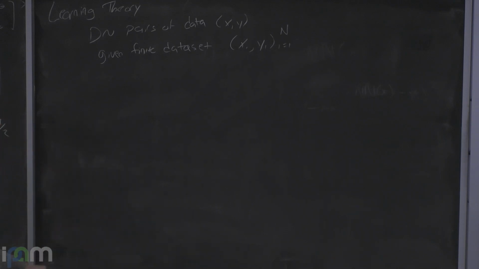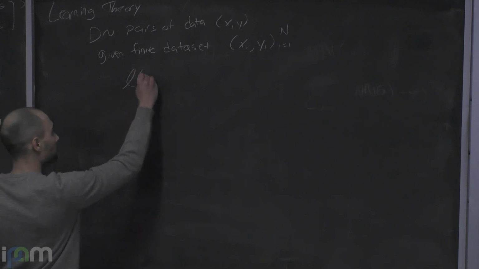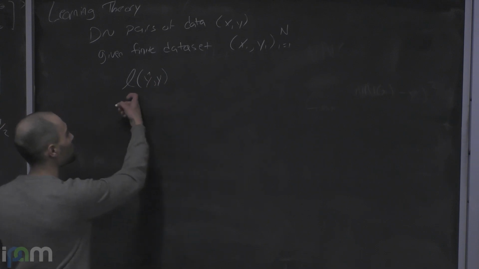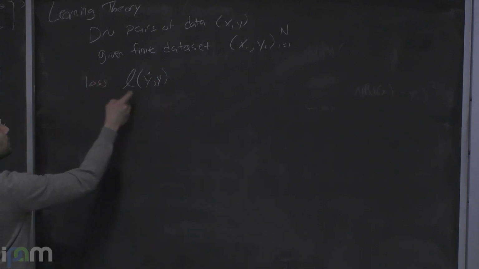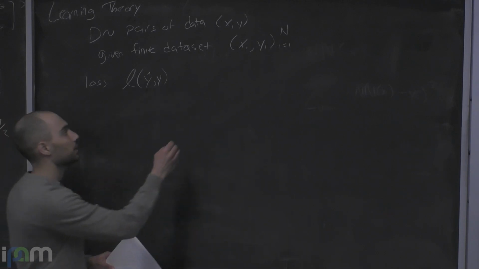And usually our loss function takes the form of something like L(ŷ, y). So we have a loss function which looks at some prediction ŷ.